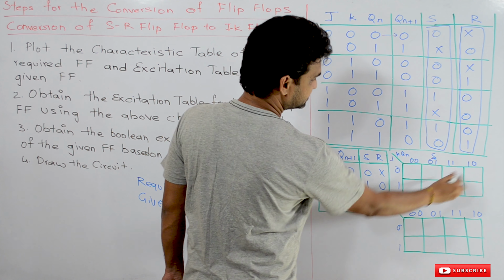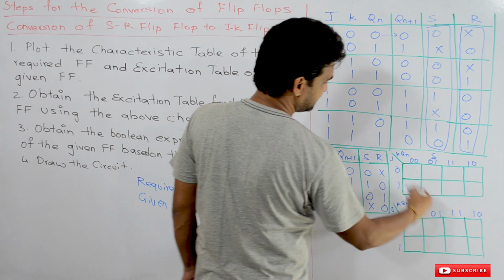This is the S function minimization table, and the values are: 0 0 0 it is don't care, 0 0 1 it is don't care, next 1 0 0 it is 1, and 1 0 1 it is don't care, and the next one is 1 1 0 it is 1.